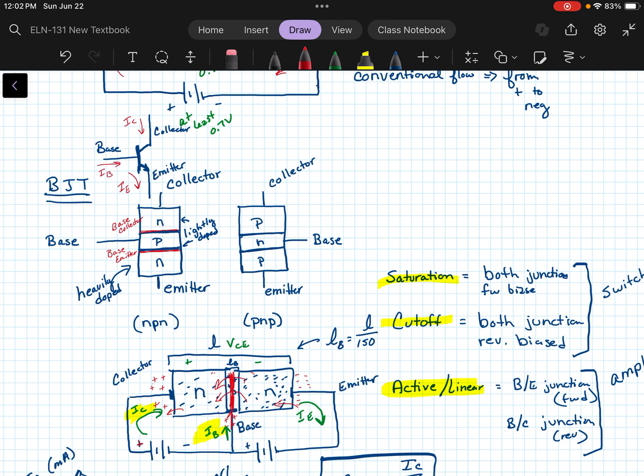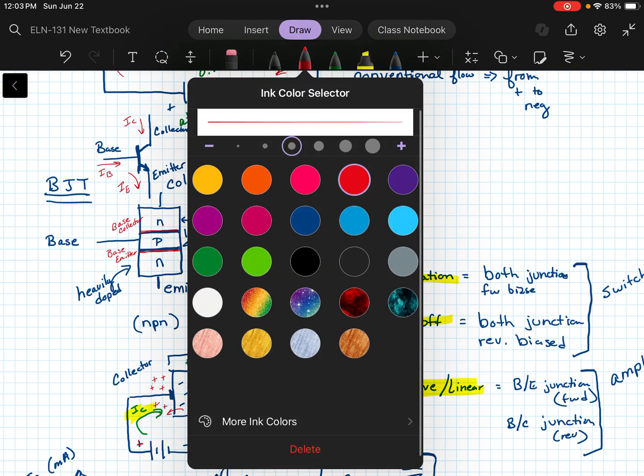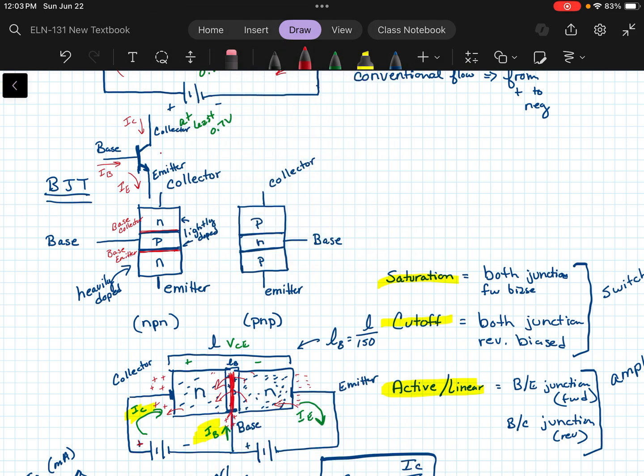Okay, so the way to remember this, where this arrow is here, is that that arrow is not pointing in. Okay, so NPN, okay. For the PNP transistor, it's exactly the same as far as the base and the collector.